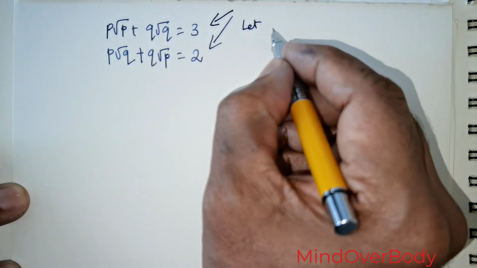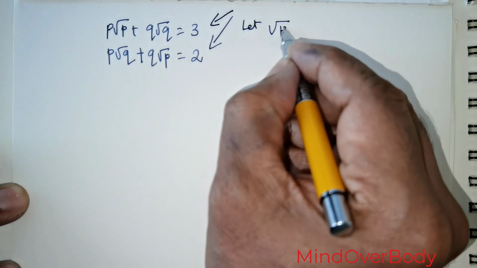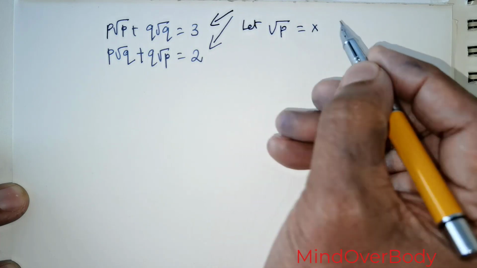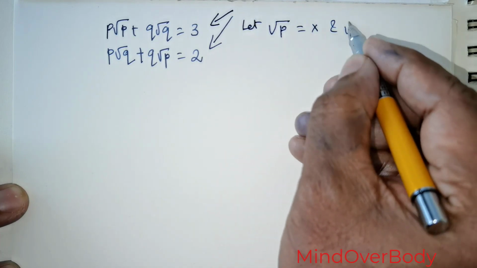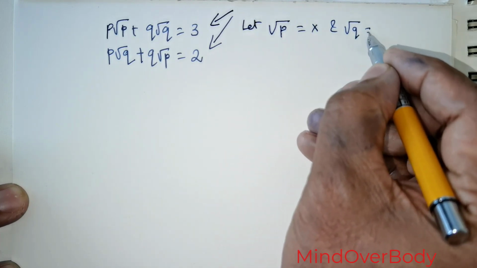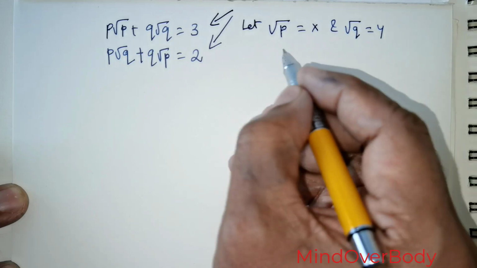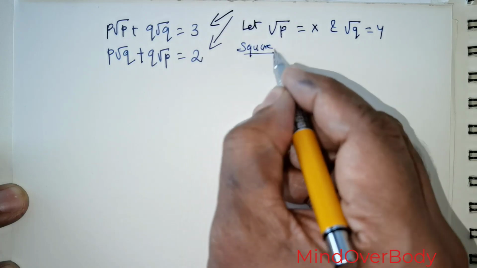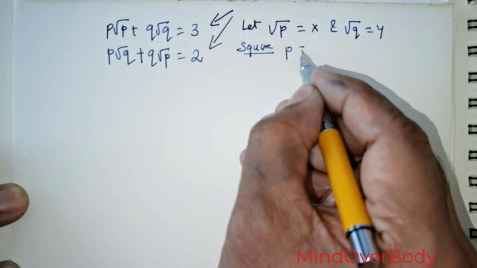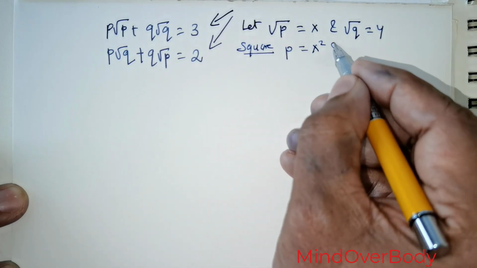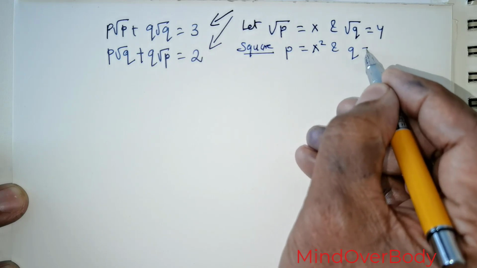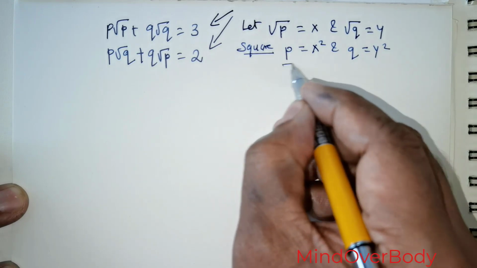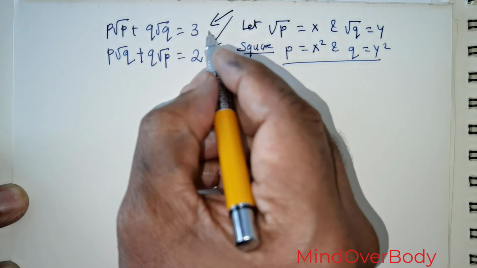First, I'm going to start off with an assignment. Let root of p be equal to some x and let root of q be equal to some y. If I square both sides, p is equal to x squared, and q is equal to y squared. So we can substitute.